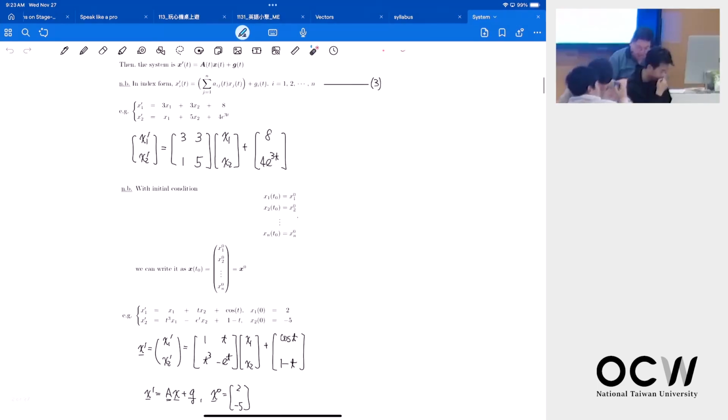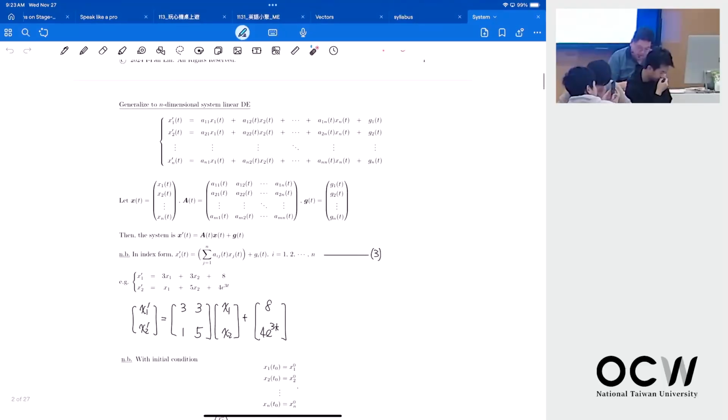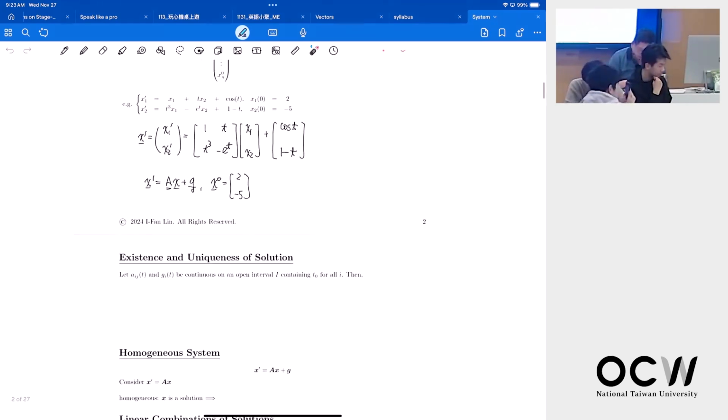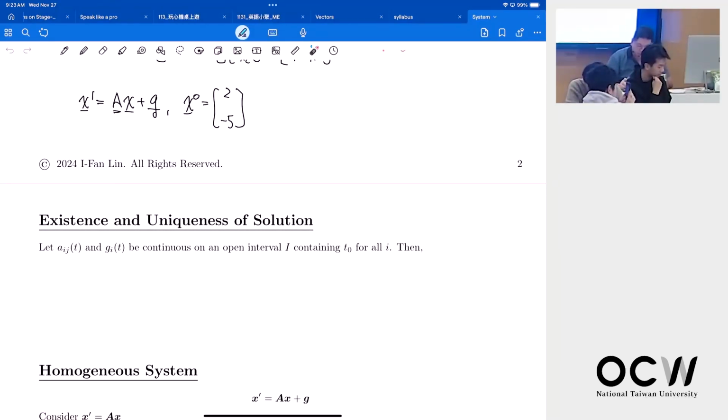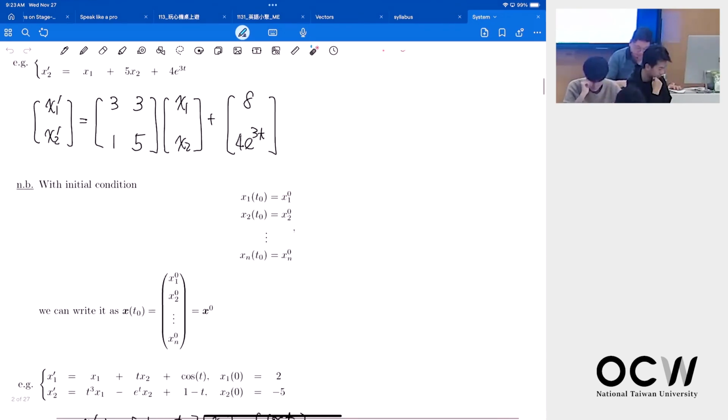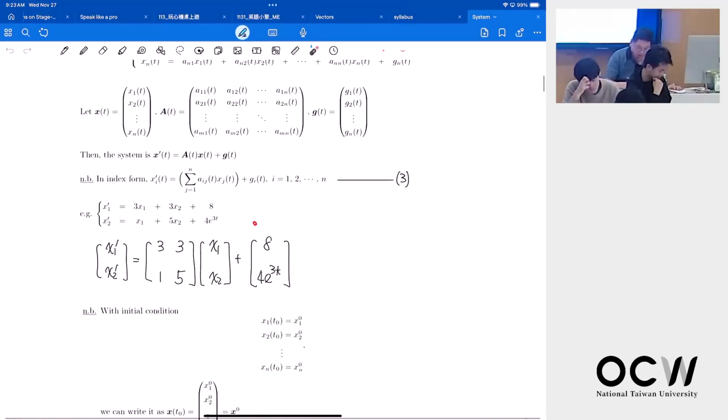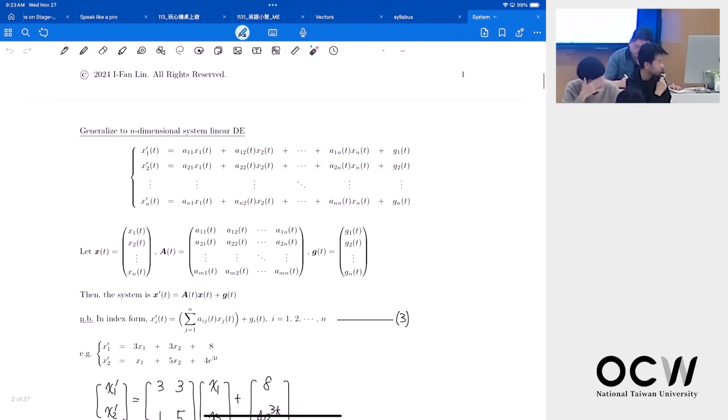And then how do I know I have a solution or not? And if I have a solution, is that unique, or can I have multiple solutions? So here's the existence and uniqueness of the solution. The coefficients, and also what is g? Here this is g.